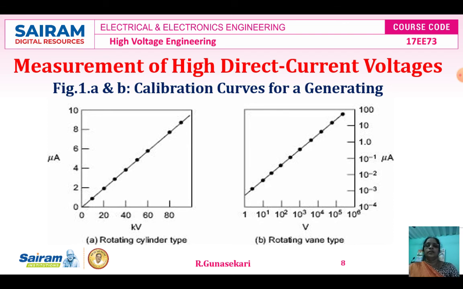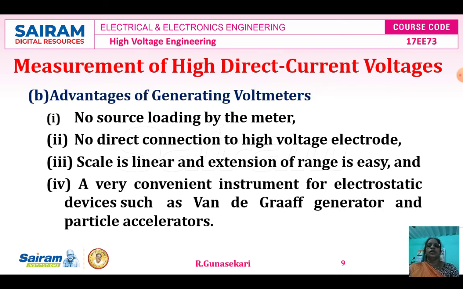Then we studied the advantages of generating voltmeters. No source loading by the meter, no direct connection to the high voltage electrode, the scale is linear and extension of range is easy, a very convenient instrument for electrostatic devices such as the Van de Graaff generator and particle accelerator. The Van de Graaff generator is one example of an electrostatic device.